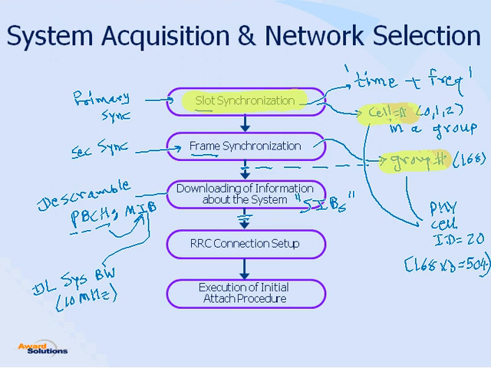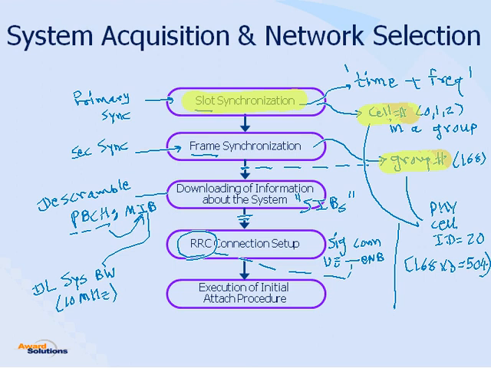We will set up a signaling connection between the UE and the eNode B. And that signaling connection is called the RRC signaling connection, radio resource control. So that is a signaling connection.